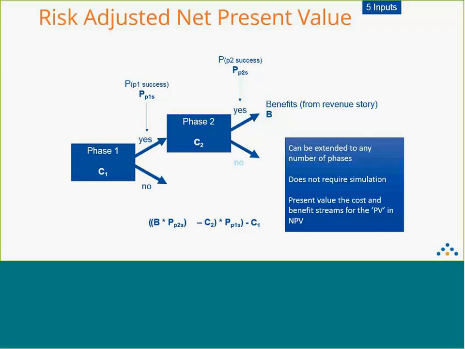And so one of the benefits of this risk-adjusted net present value is it doesn't require Monte Carlo simulation, as long as you don't have underlying uncertainties in your benefits that you want to add in. And then the benefit stream B and the cost C1 and C2 can represent the present value of a series of costs and benefits over time, so you have a true net present value that's been risk adjusted here.